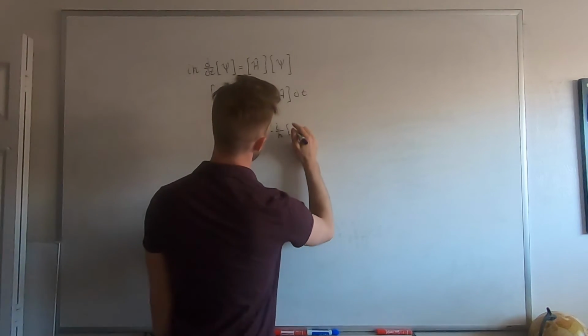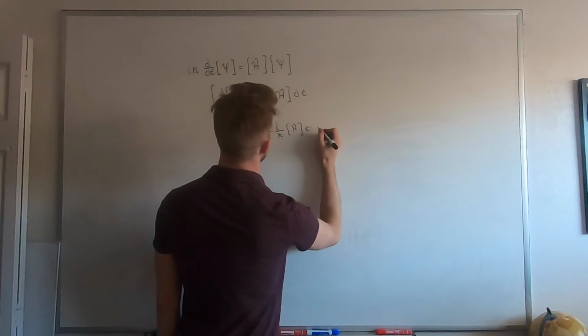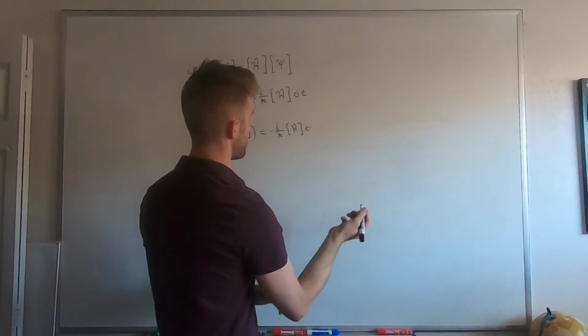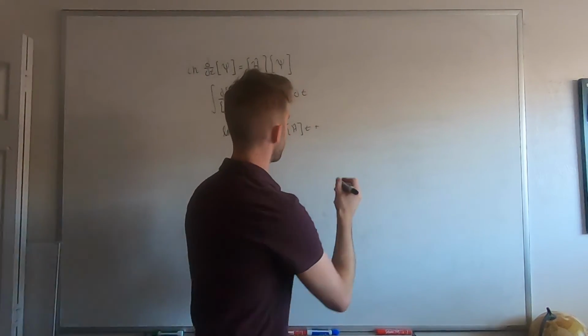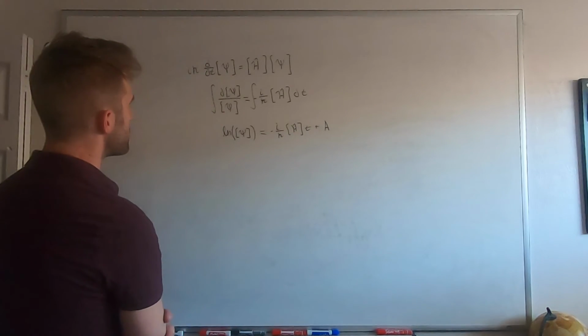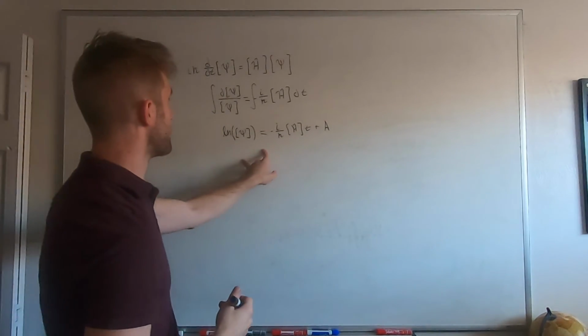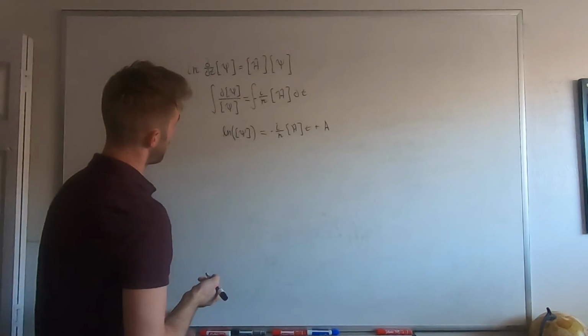So we're going to have our Hamiltonian multiplied by t. Okay, and we also have some constant of integration that we have to tack on there. We'll call it a. All right, so now all we really need to do is exponentiate both sides, and I assume you can probably see where this is going now.